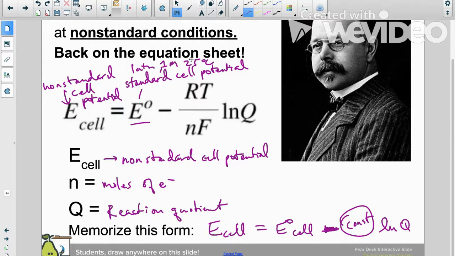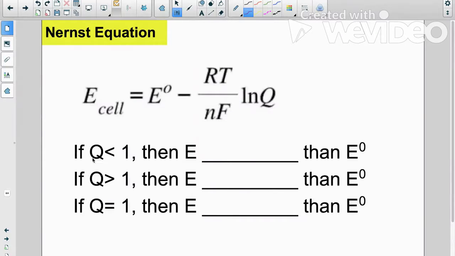All of these are numbers that are constants, so you just have some constant in front of the natural log of Q. Just treat that as a constant, and the part that's going to concern us is the natural log of Q.